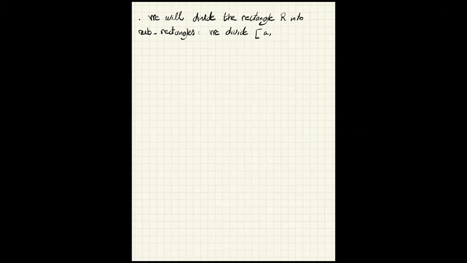The way we do that is we divide [a, b], as we did in the one-dimensional case, into n sub-intervals [x_{i-1}, x_i] with equal width delta x equal to (b minus a) over n.